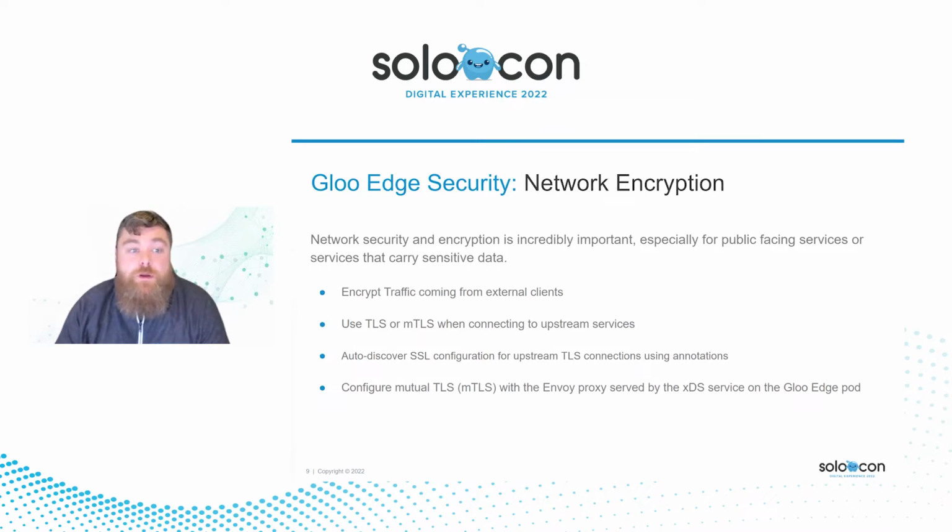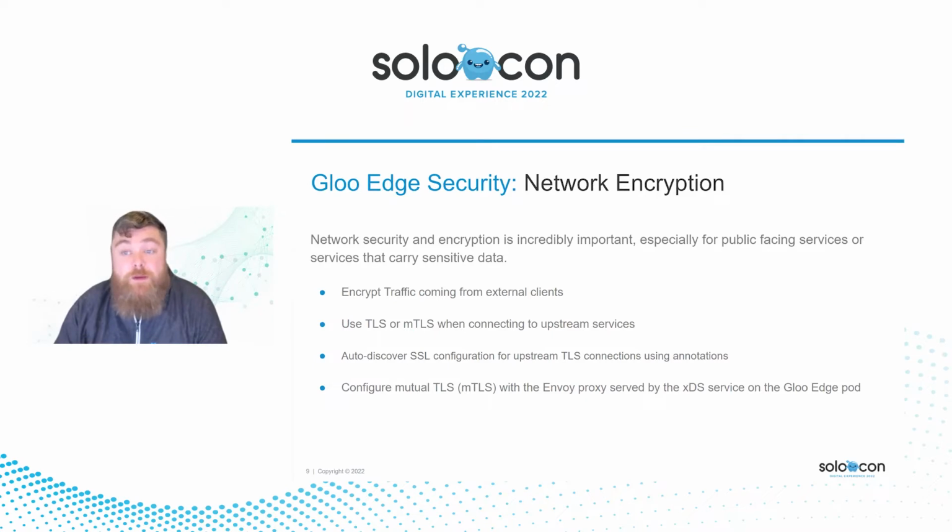Network security and encryption is incredibly important, as you probably already know, especially for public facing services or those that carry sensitive data. Gloo Edge can encrypt traffic coming from external clients over TLS/HTTPS. We can also configure Gloo Edge to do mutual TLS with external clients as well.